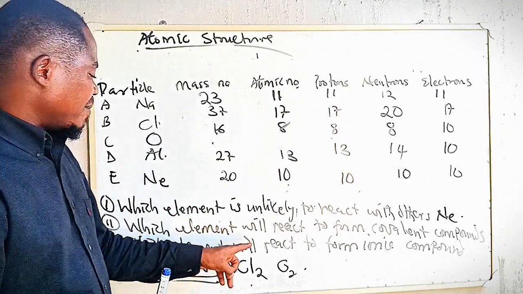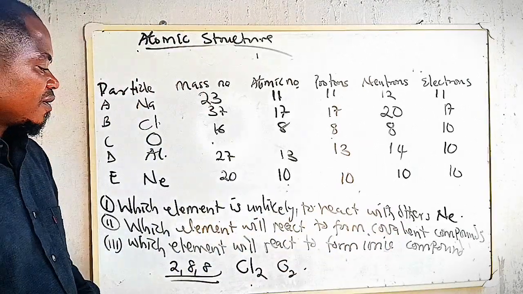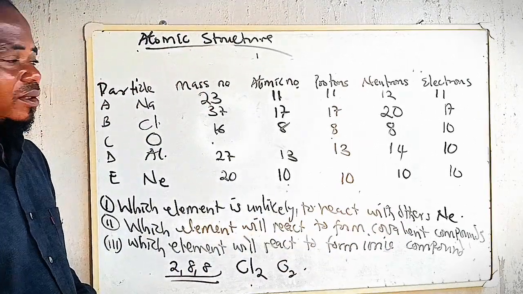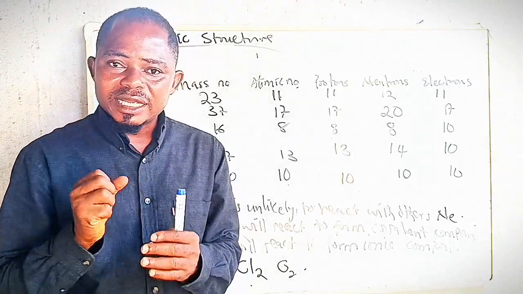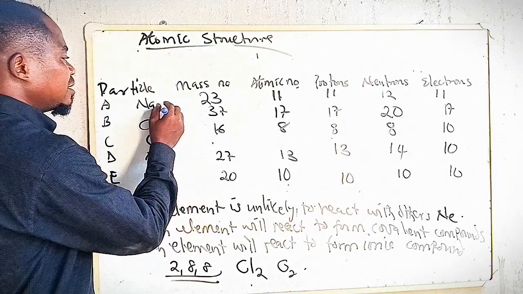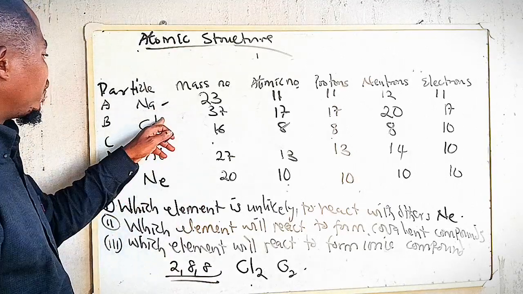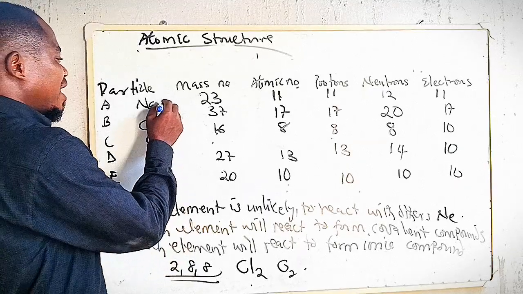Now, which element will react to form ionic compounds? Which element do you think will react to form an ionic compound? Now, ionic compounds are formed by what? Transfer of electrons and what? The gain of electrons. So I know that sodium can lose an electron, and then chlorine can accept the electron.